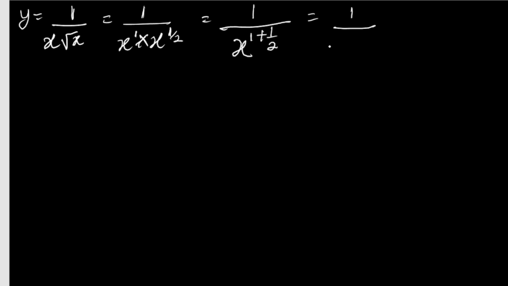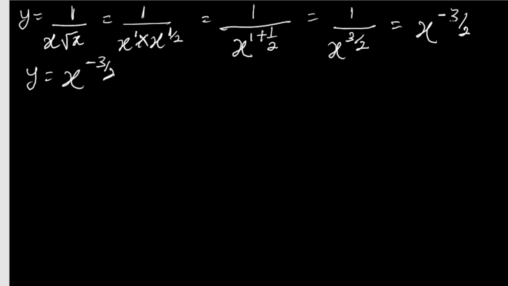This gives us 1 over x raised to power 3 over 2, which can be written as x raised to power minus 3 over 2. So initially, this question should have been y equal to x raised to power minus 3 over 2. Now it's much easier to solve.